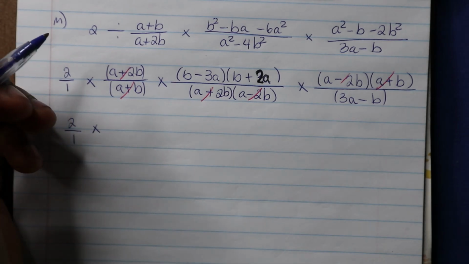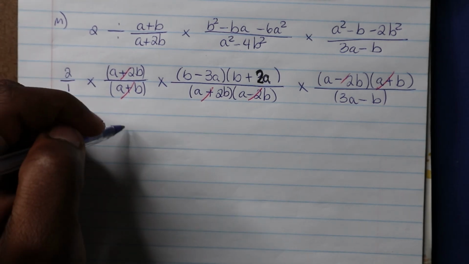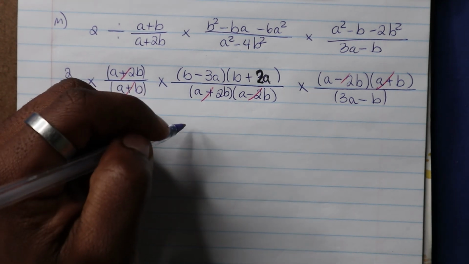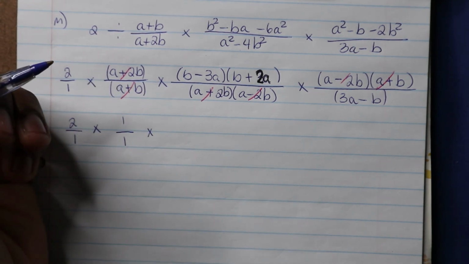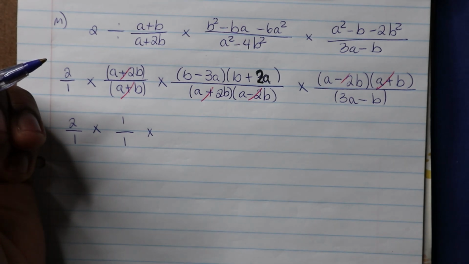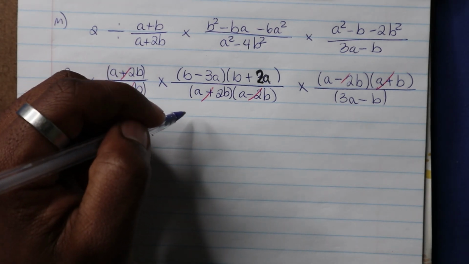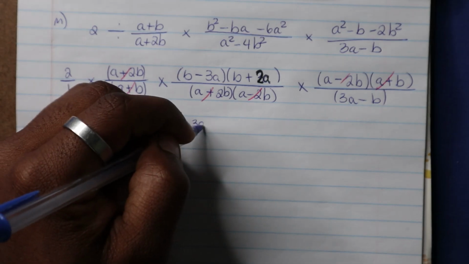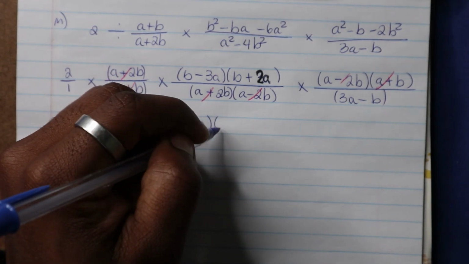So I believe it's essentially going to be a 1 over 1 multiplied by b minus 3a, right?